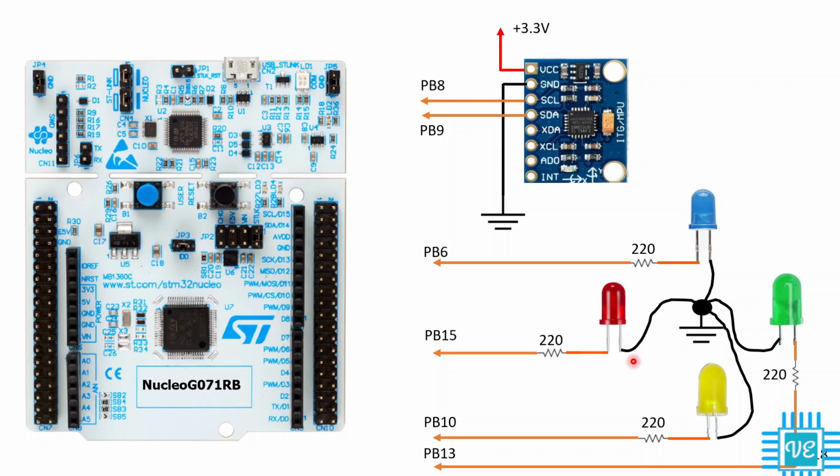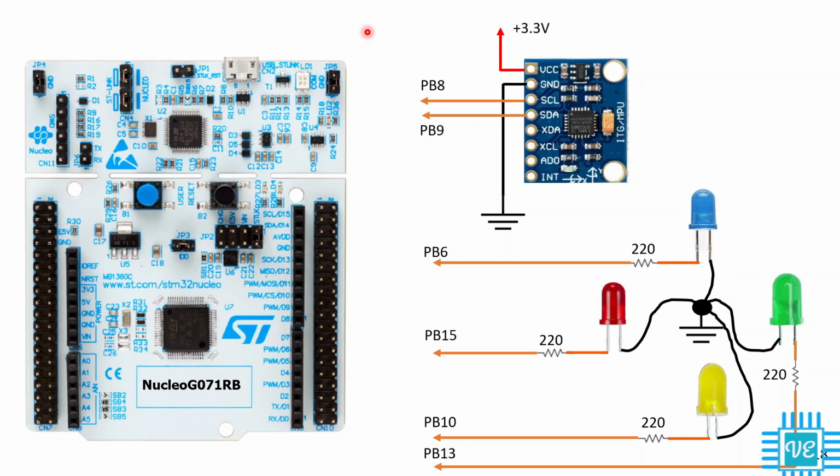We are going to read the accelerometer data on the x-axis, y-axis and z-axis, and use that data to toggle these LEDs by rotating the MPU6050. Mostly we are going to use the x-axis and y-axis data. So that's all about the connections.